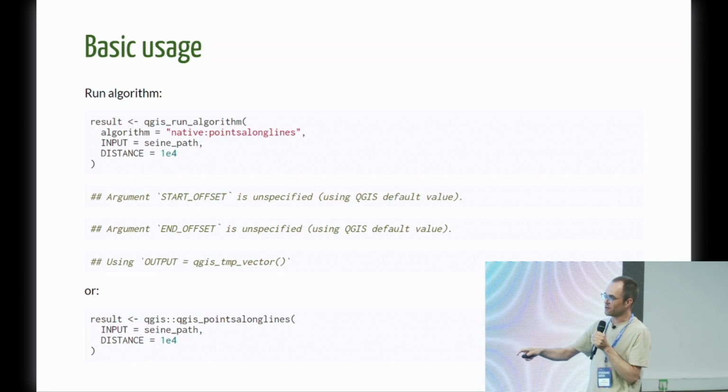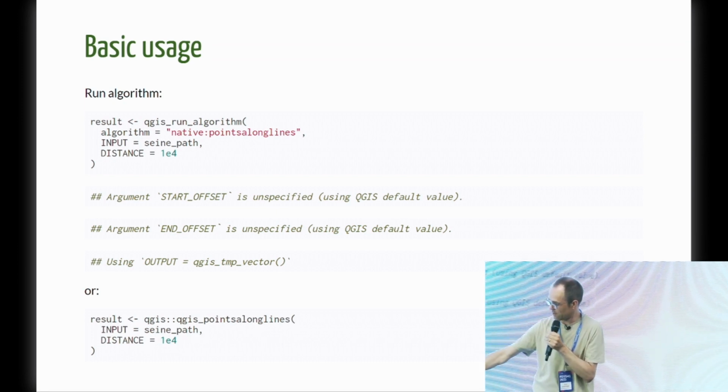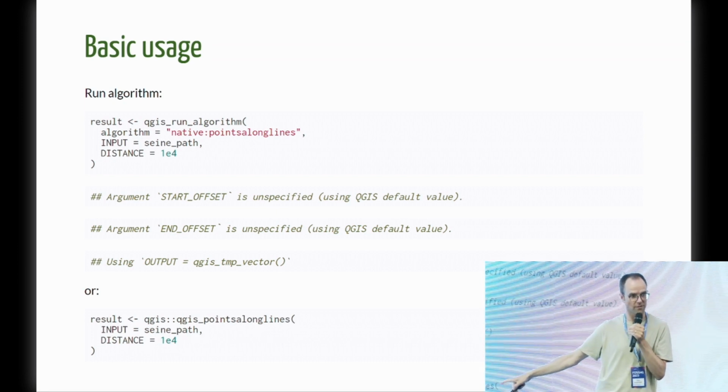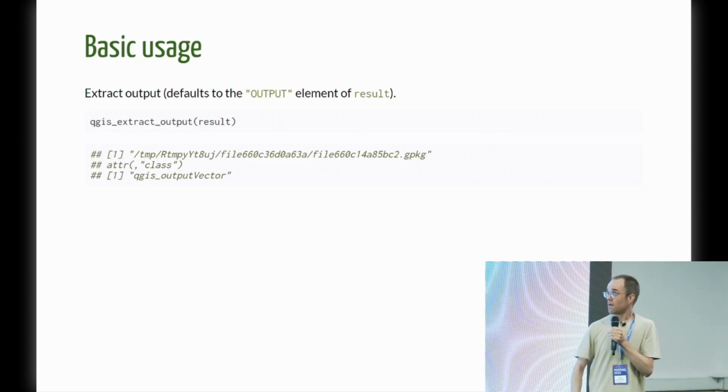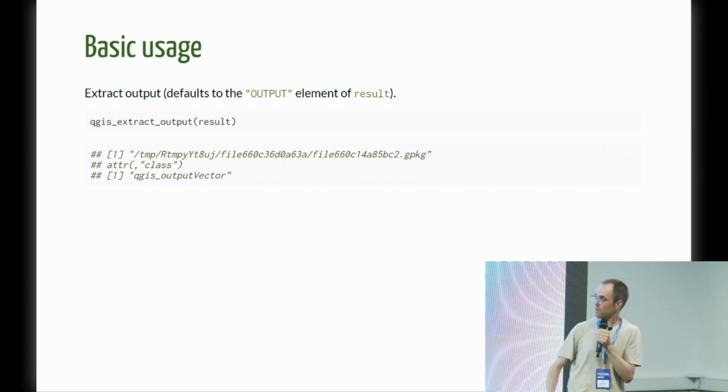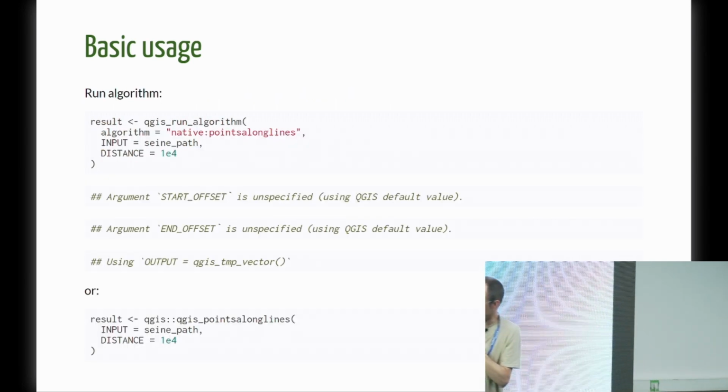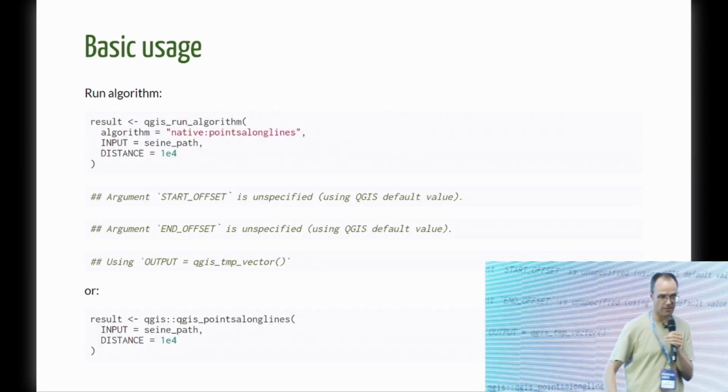The alternative with the qgis package is to just take the function which corresponds to the algorithm. What we did is assign it to a result object.